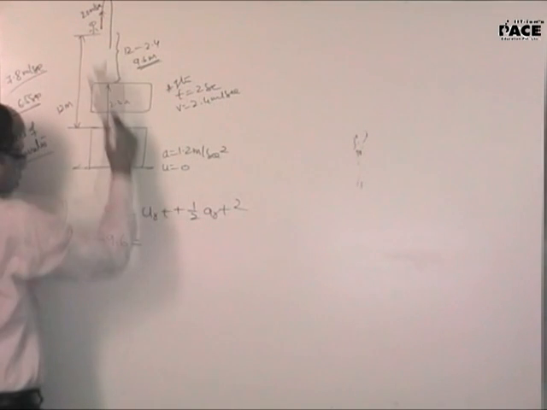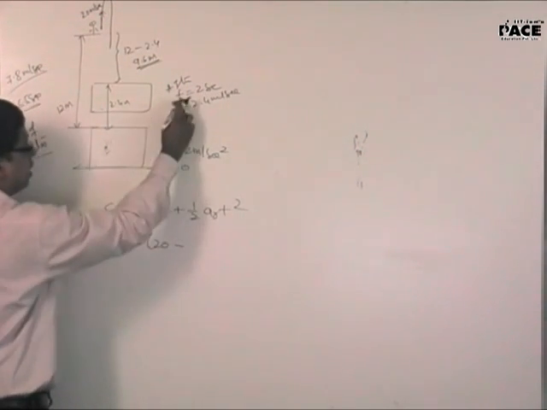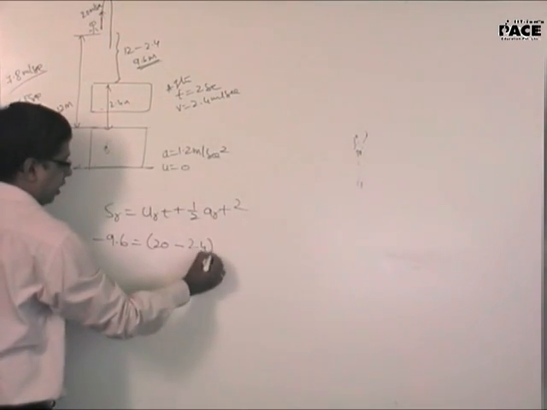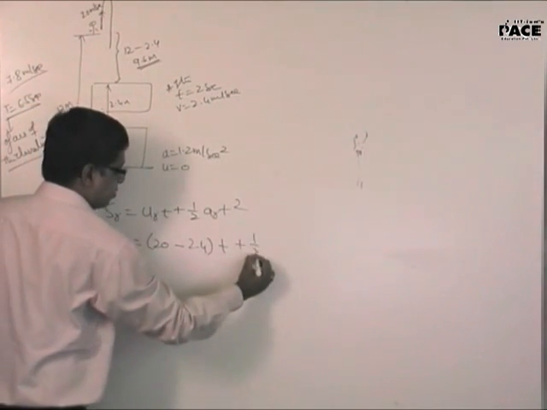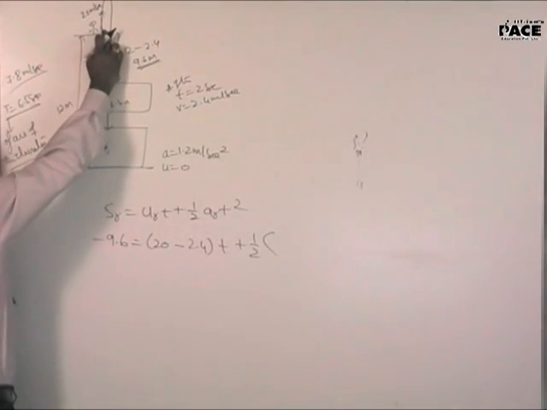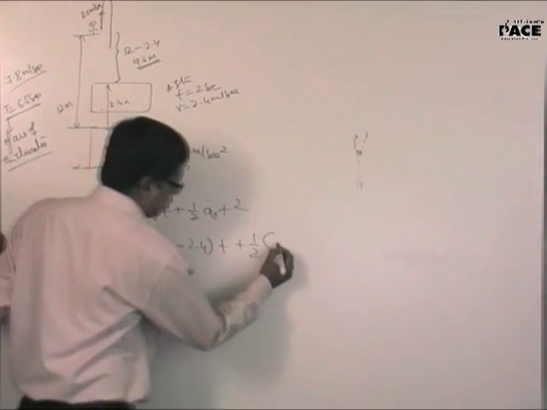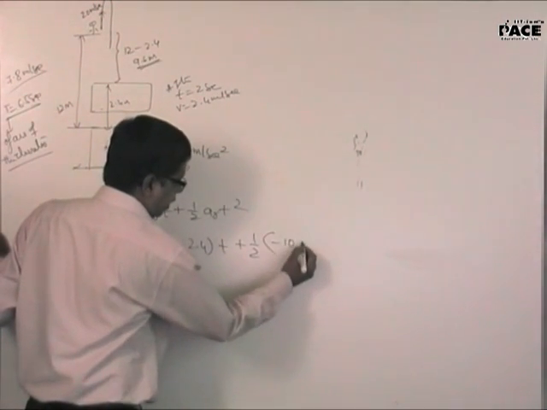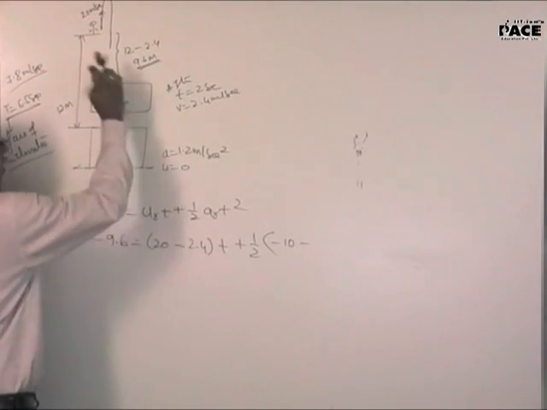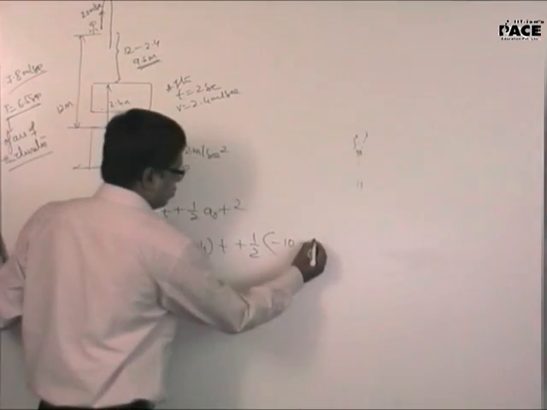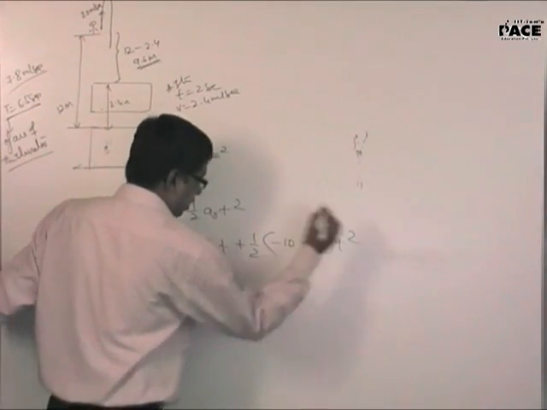Initial velocity of the body is 20 minus the velocity of the elevator, 2.4, into t, plus half the acceleration of the body minus the acceleration of the elevator, into t square. Acceleration of the body is minus 10, minus the acceleration of the elevator, which is in the upward direction, 1.2, t square.